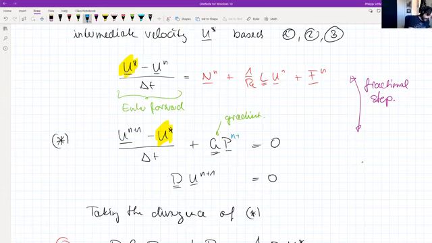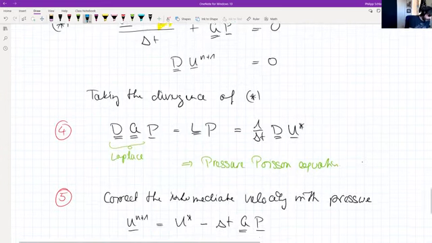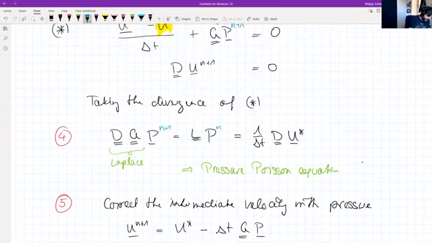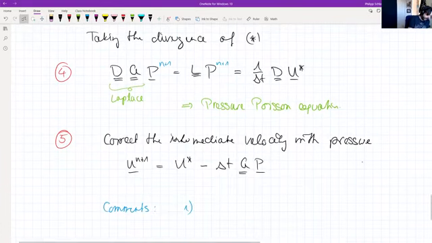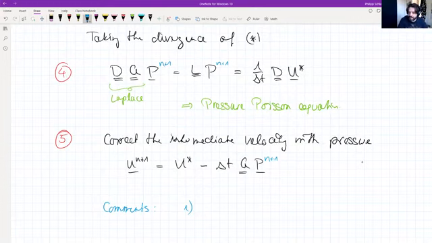So this would be p^(n+1), the pressure at the new time step that makes the new velocity at u^(n+1) divergence free. That is the typical way, and I think also in the lecture notes we write it in that way. So this would be p^(n+1), and then of course n plus 1 here, n plus 1, and n plus 1 here. That would indicate that we have an implicit pressure treatment.